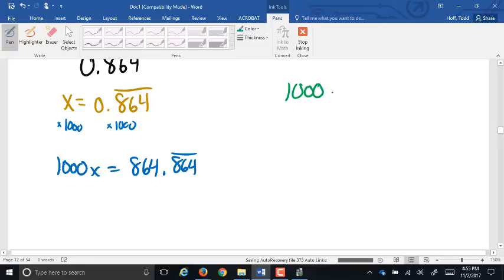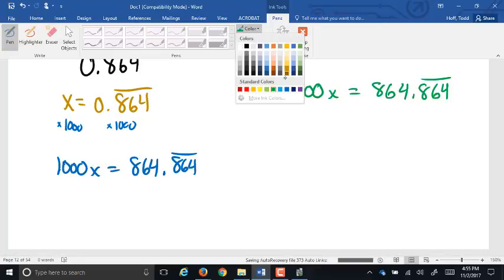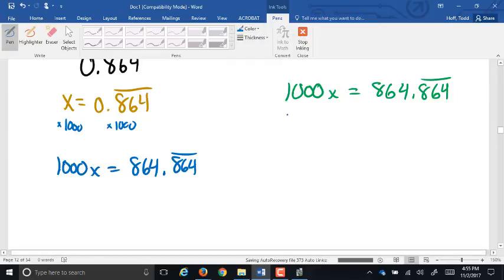So now we take that second equation, 1,000x equals 864.864 repeating, and we are going to subtract from it x equals 0.864 repeating. So over here, the 0.864s cancel out.